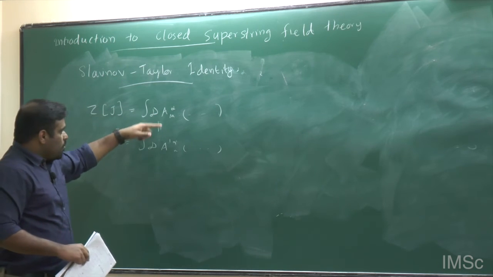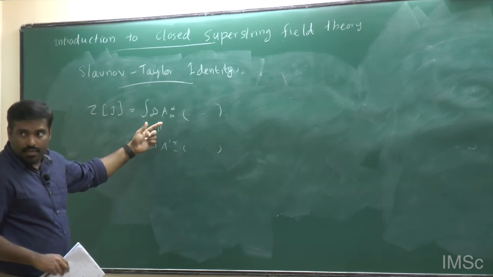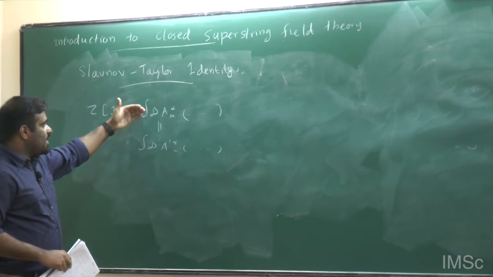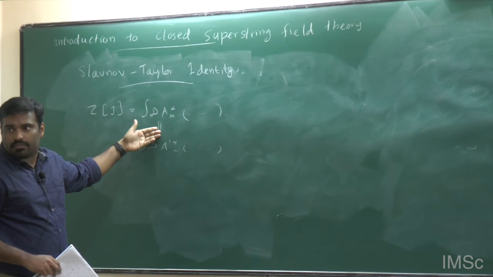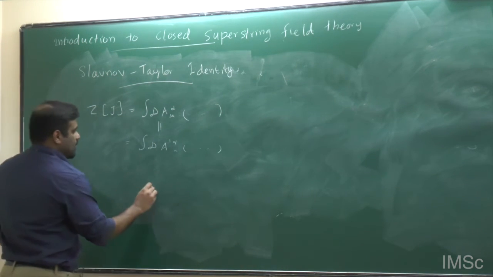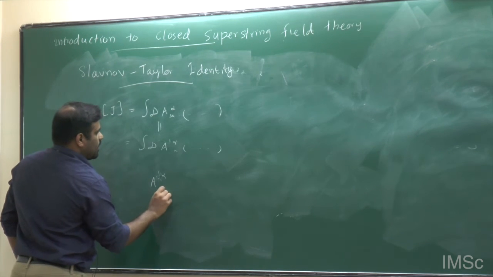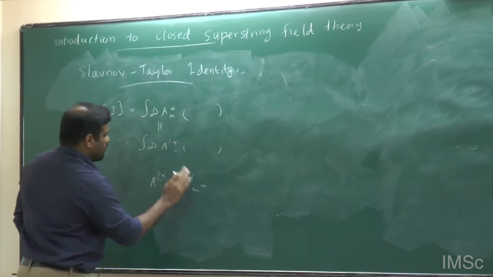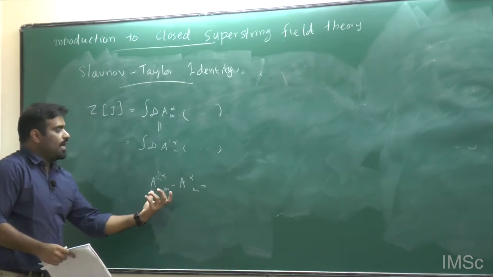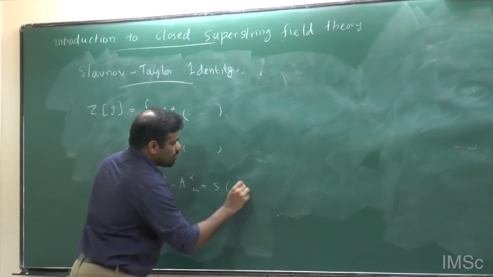Choosing A mu or A prime won't change your generating function. So that's a simple statement. How are A mu alpha and A prime mu alpha related? We already gauge fixed it, so these two are related through a BRST transformation. So you have a relation between A prime alpha mu and A alpha mu. If I take these two things and look at the difference, that's a BRST exact piece.